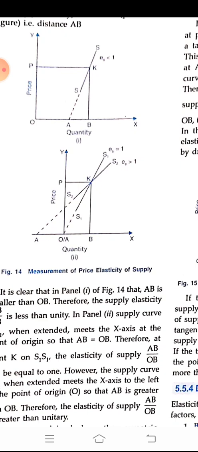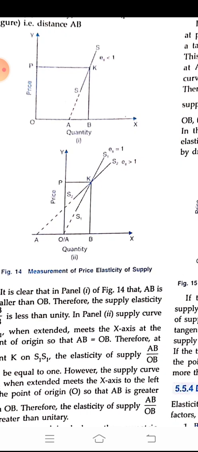So the supply curve, when extended, is touching the x-axis. As it is touching, A is the point from where we are going to calculate. So AB will go at the top, and OB, the whole line, will come at the bottom. If we just observe it, we will see that AB is smaller than OB.